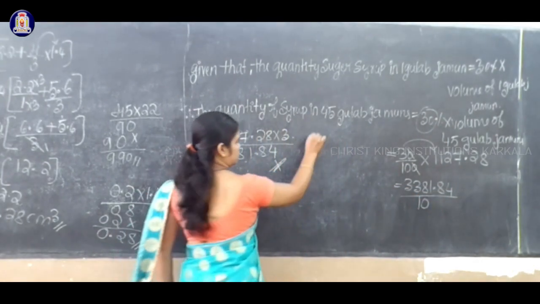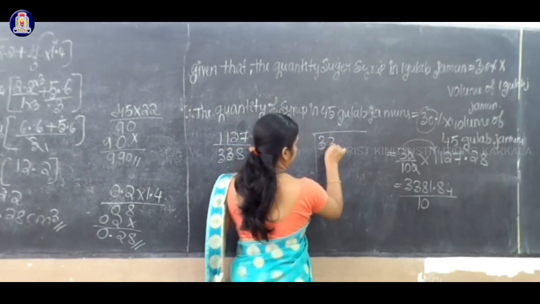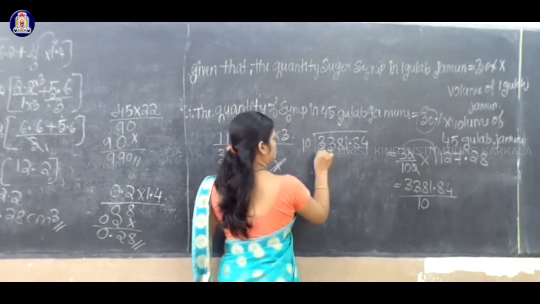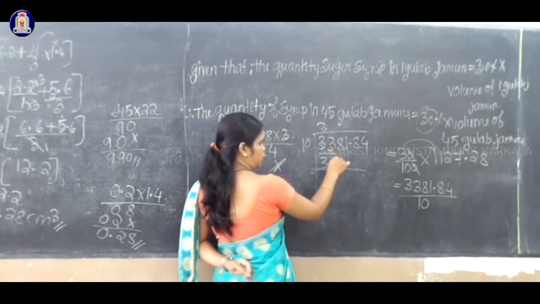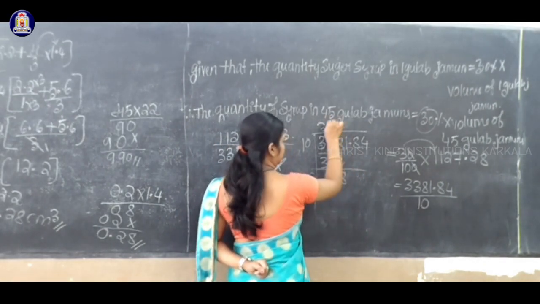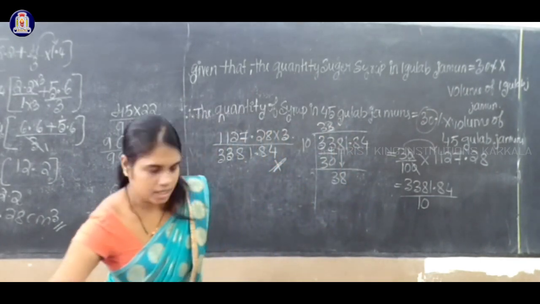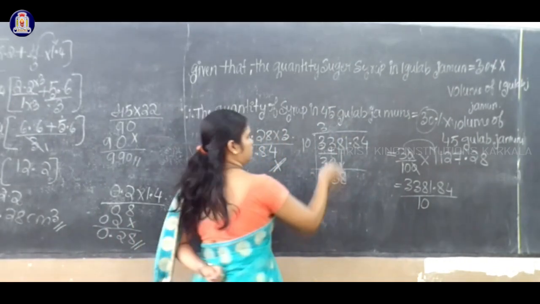So division. 3381.84 by 10. Okay. Yes. So 10 3s are 30. Okay. So 3 minus 0, 3. So next 8. 3 8s are, again, 3 3s are 30.